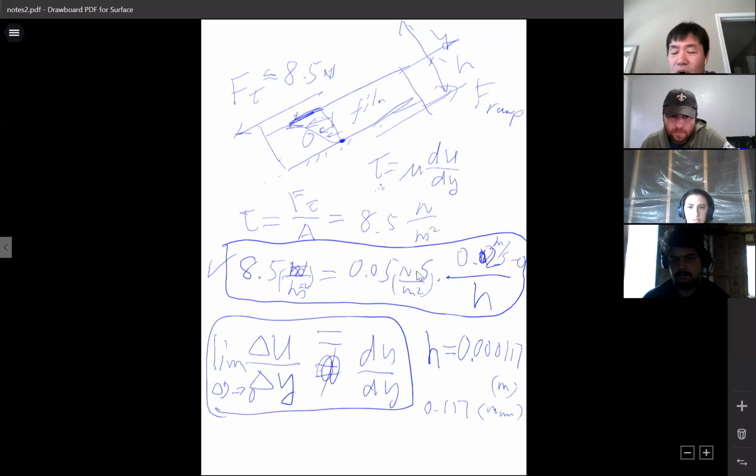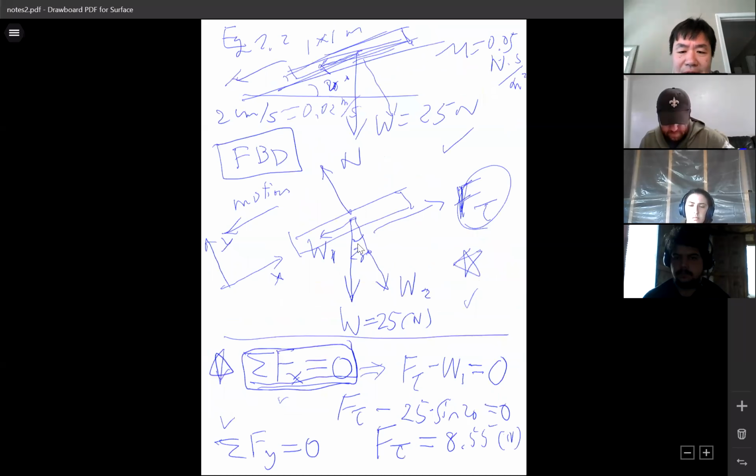Okay, so it's 8.5. Will the 8.5 change if you want to make it faster? See, when you calculated the 8.5 shear stress between them, what did you use? You calculated using this, right? Is the 2 centimeters per second value used in this process to calculate the 8.5?